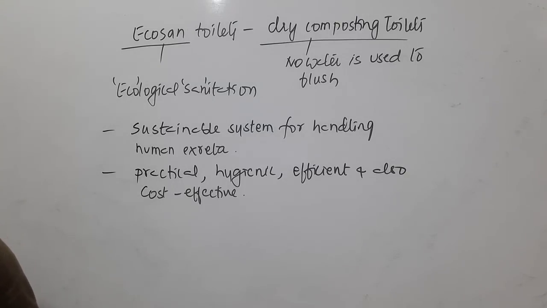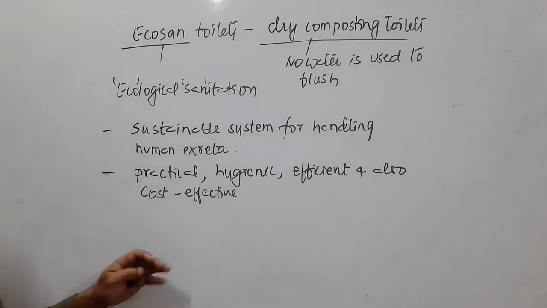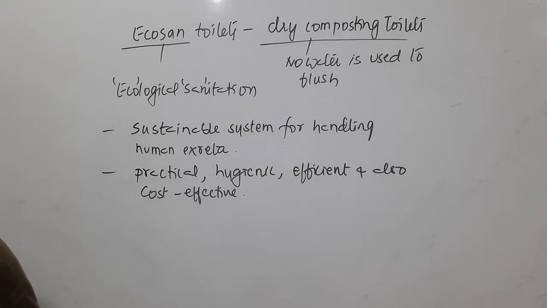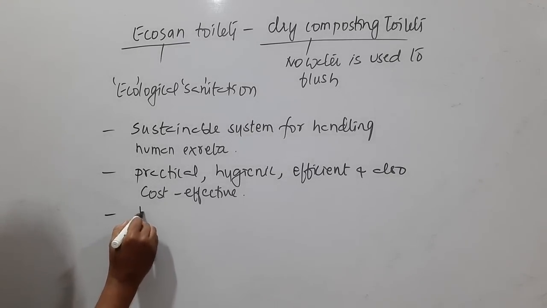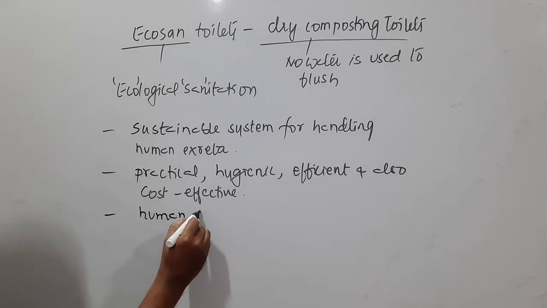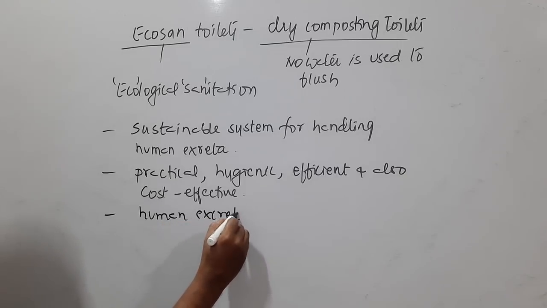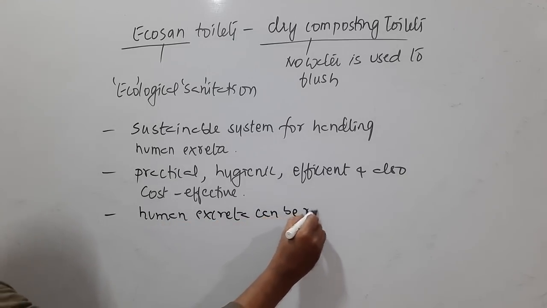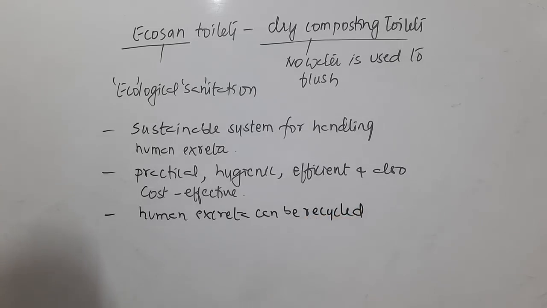So that's cost effective, and it's a very good solution to eliminate human excreta. And in this process, the human excreta can be recycled into a resource like a natural fertilizer.